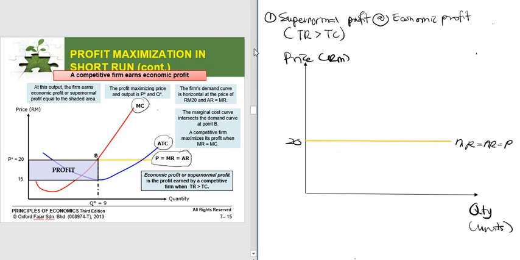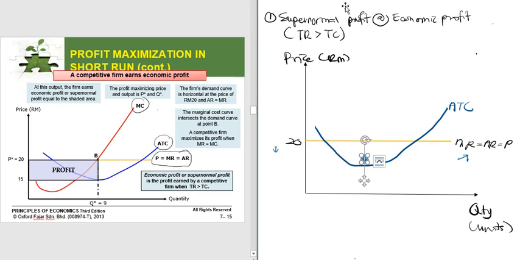Let's say this is your average total cost curve. You notice the minimum point for ATC is below the average revenue curve, below the yellow line here.